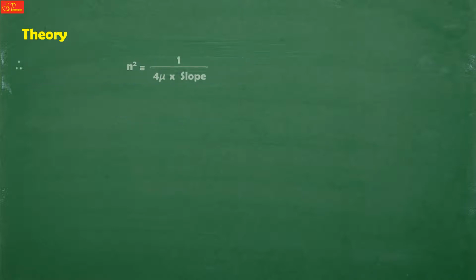It will be a straight line having slope equal to 1/(4n²μ) = ΔL²/ΔT. Therefore, n² = 1/(4μ × slope), n = (1/2) √(μ × slope).